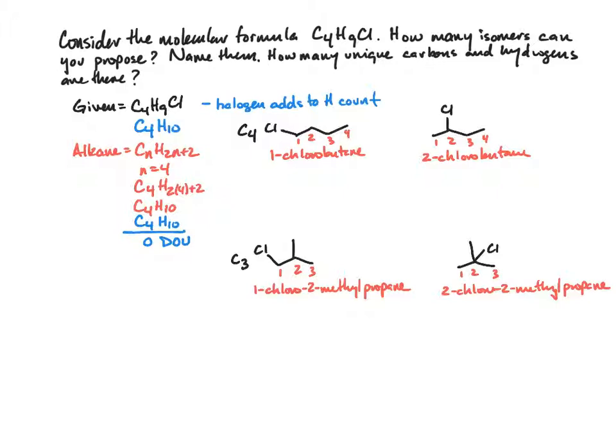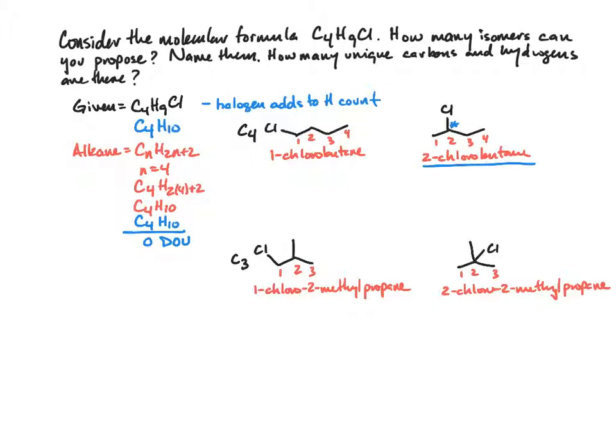However, if we examine a little more deeply, in one of these structures we can see that there are actually stereoisomers. The 2-chlorobutane is actually going to have stereoisomers at this 2 position. The reason is that we have a stereogenic carbon bearing 4 different substituents.